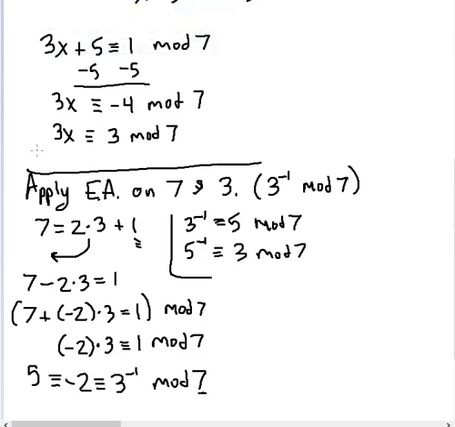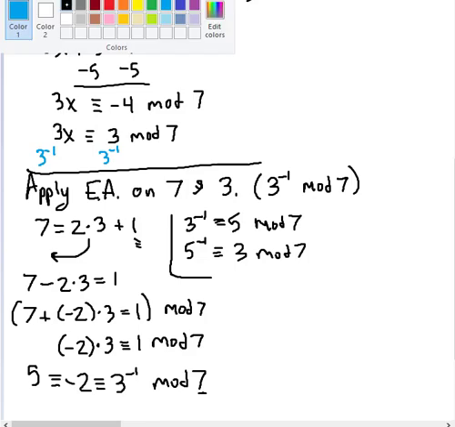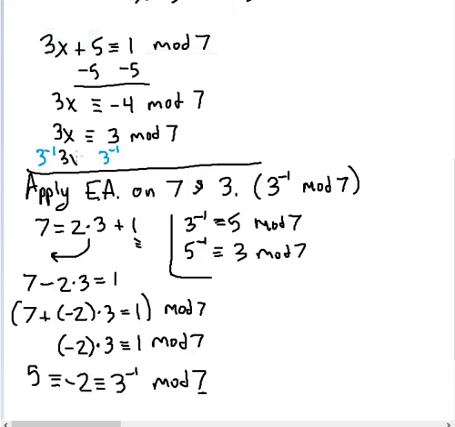I can multiply my 3 inverse on both sides. Admittedly, even if you didn't know what 3 inverse was, 3 inverse times 3 is 1.